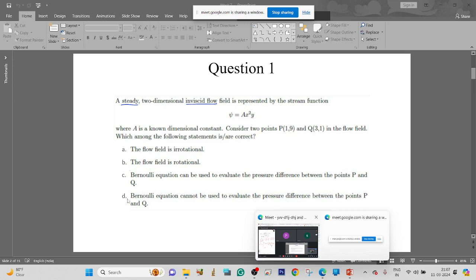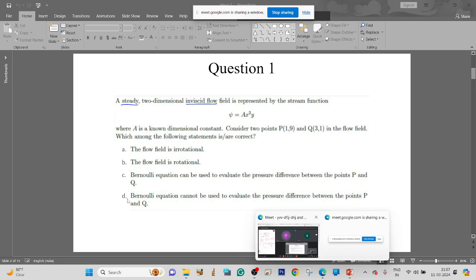There are 2 points given, P and Q. Once you derive the stream function, check the value of the stream function with the coordinates given at point P and at point Q. If both of them satisfy the stream function, then it's fine, and that means Bernoulli's equation is applicable. Solve it that way. Yes, ma'am, it is satisfying. So have you found out the equation of the streamline?